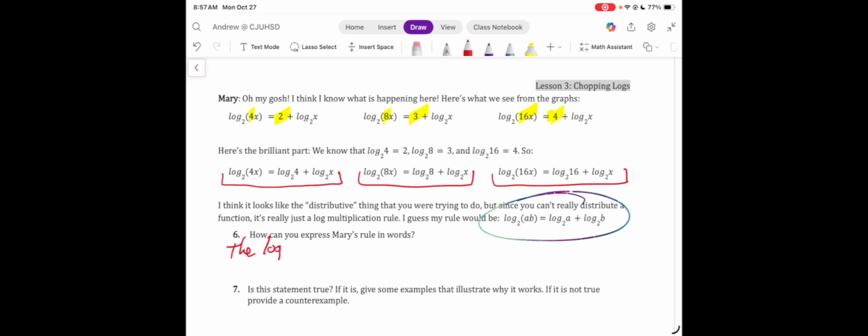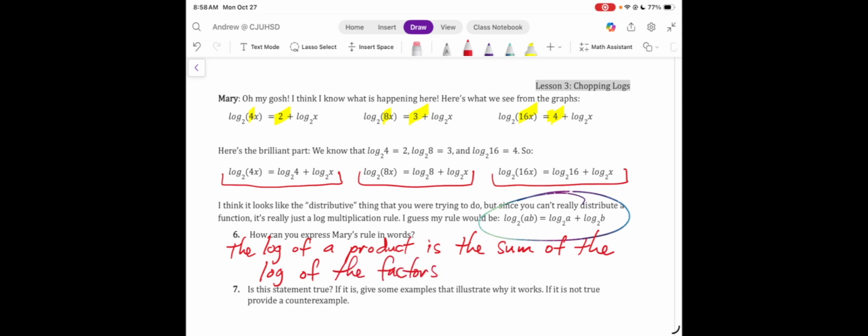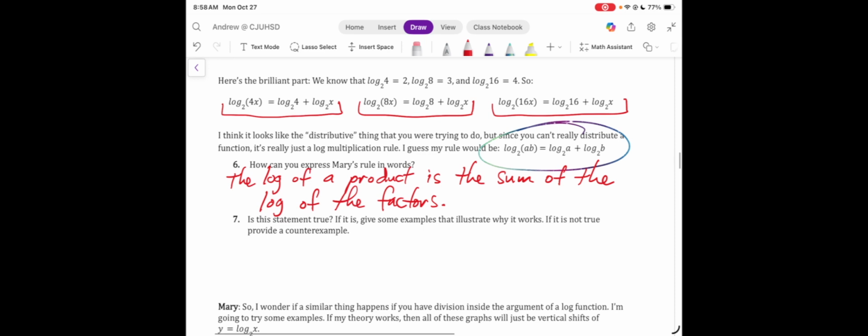The log of a product is the sum of the log of the factors. Factors meaning the things that went into the product, the things that got multiplied together. Is this statement true? If it is, give some examples that illustrate why it works. And if it's not true, provide a counterexample.